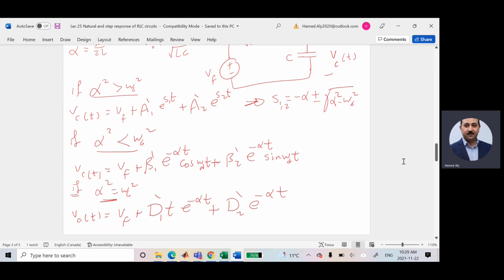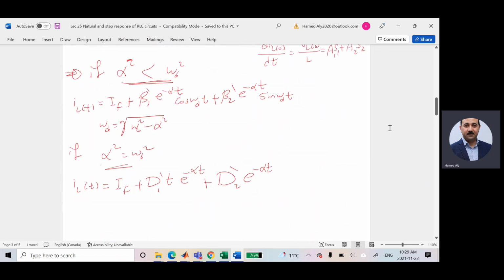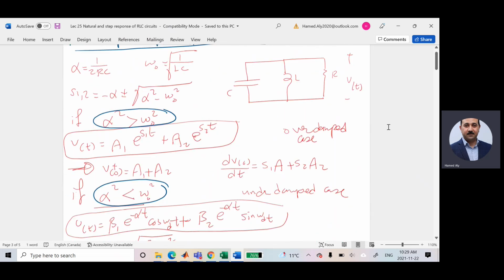Next class, I'll show you different examples about parallel and series RLC circuits, step and natural response. Again, the first step for solving such a problem is to choose one of those four circuits.